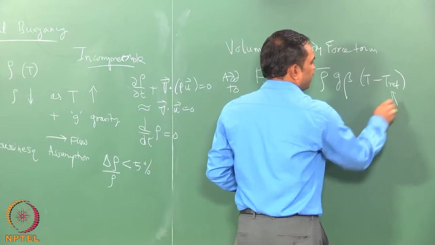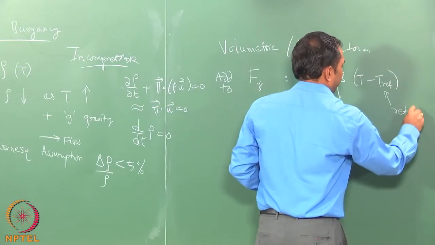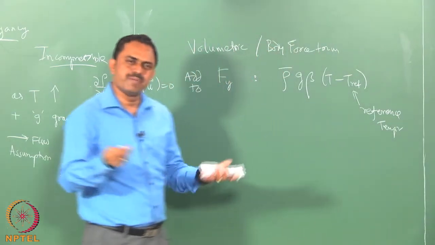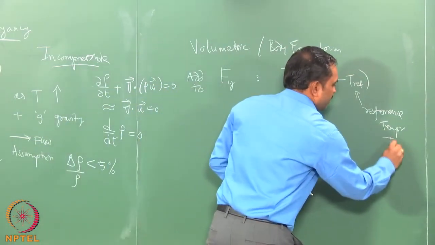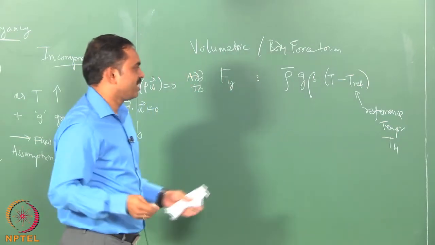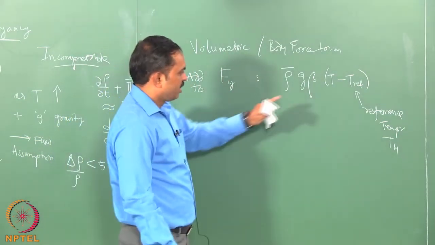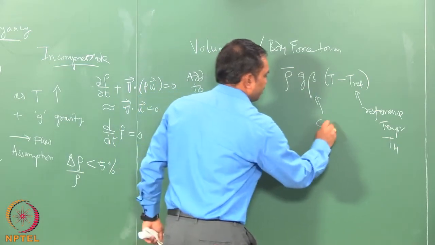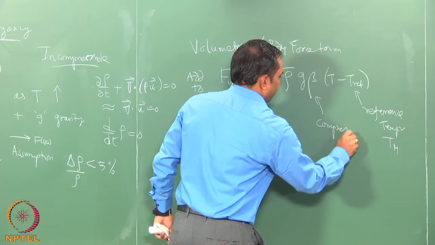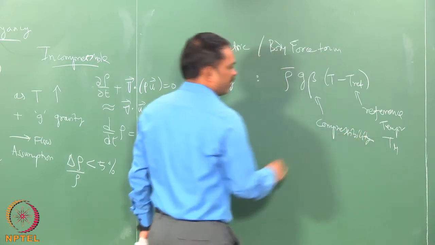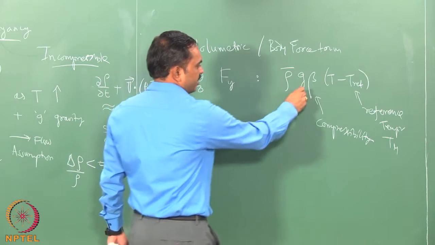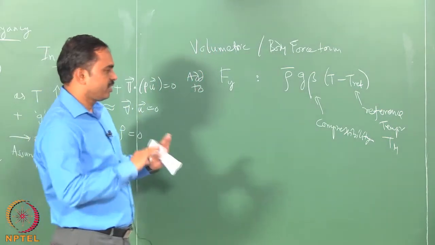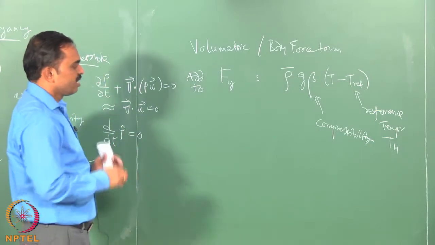This is basically the reference temperature, which would be usually the melting point itself, because it is the reference temperature above which you can take the differences and look at what would be the change in the temperature. And this is the compressibility, which is a property of the material, and this is the acceleration due to gravity, and this is the average density over the temperature ranges for which the melt is going to be experiencing the flow.